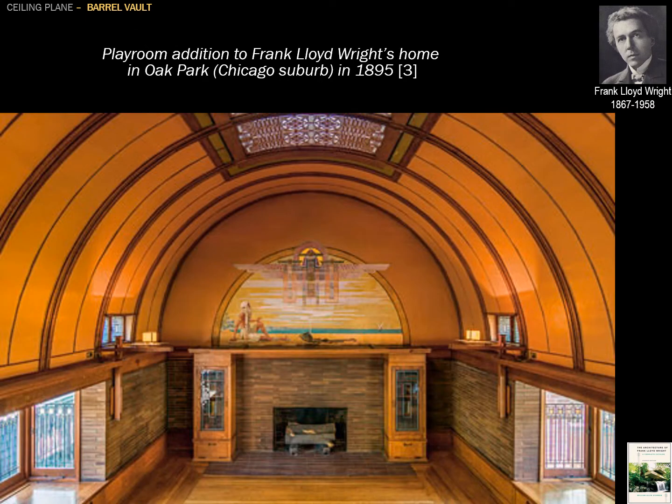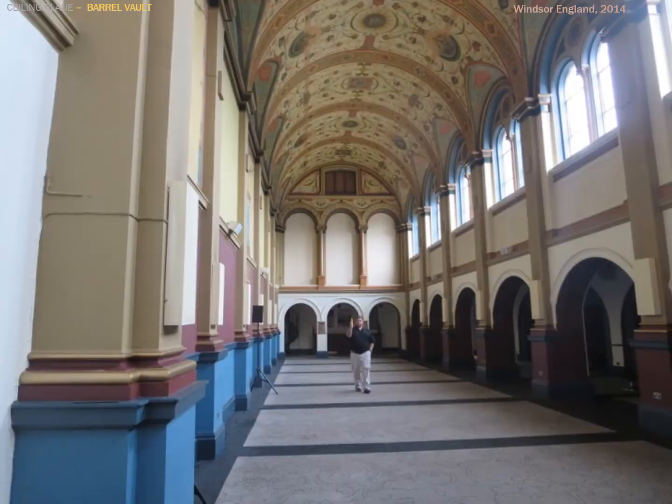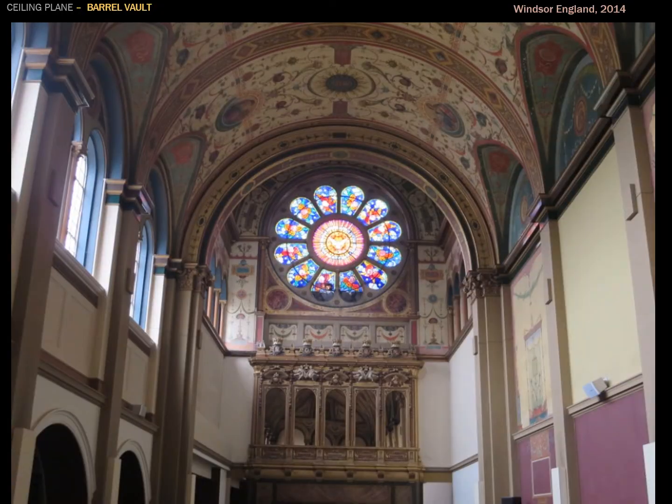Here's a barrel vault in Frank Lloyd Wright's home and studio, made for his children in an addition. Here's a vault in Windsor, England, in a boys' boarding school turned into a hotel we stayed in, Old Windsor. Barrel vault.